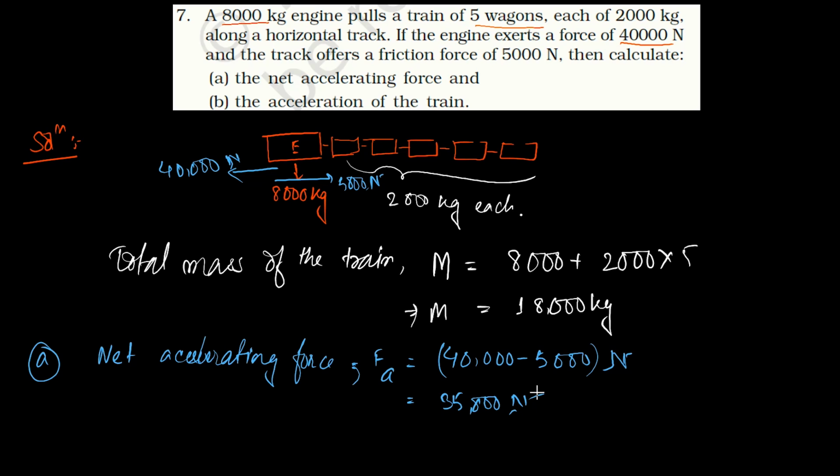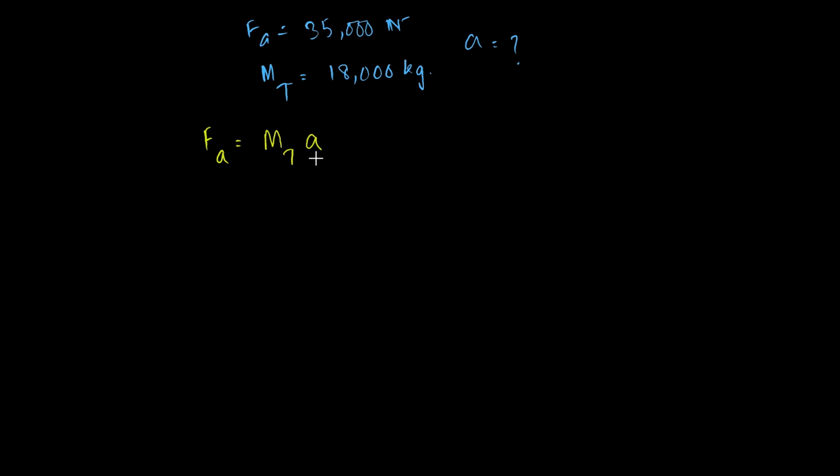Now we have to find out the acceleration of the train. We are going to use the mass. We have F_A equal to 35,000 Newton, and the mass of the whole train is 18,000 kg. We need to find out the acceleration. A simple relation is there. We know that F_A is going to be M_t into A. This is nothing but F equal to ma.